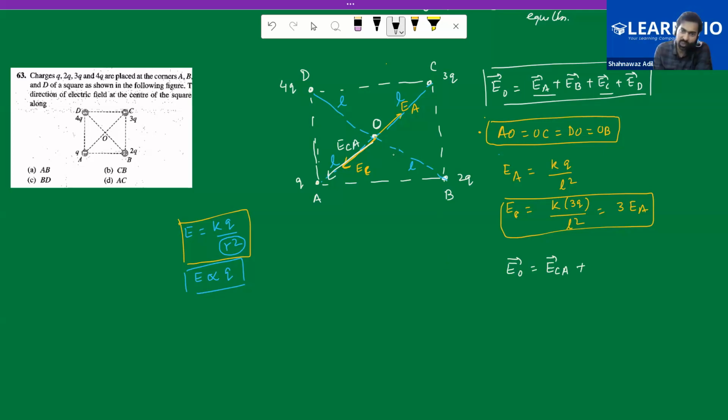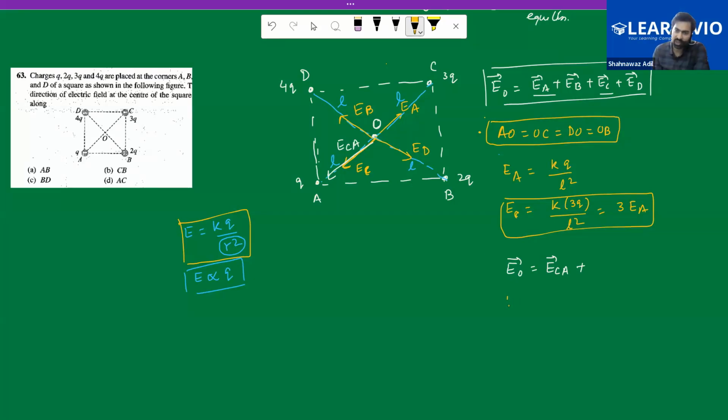So due to this point B, the electric field would be in this direction, EB. And due to D, the electric field would be in this direction, ED. And again, we can say that ED would be greater, right?